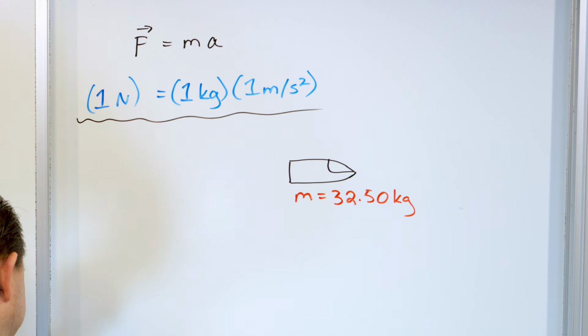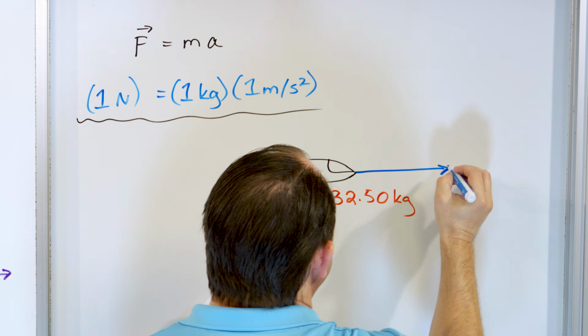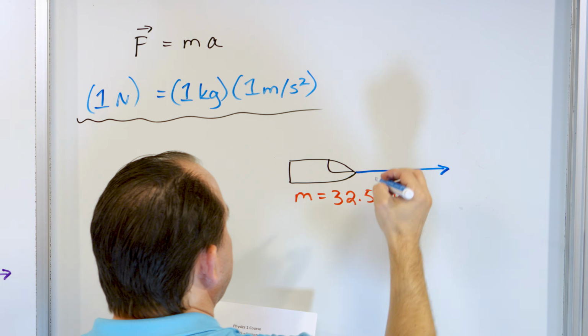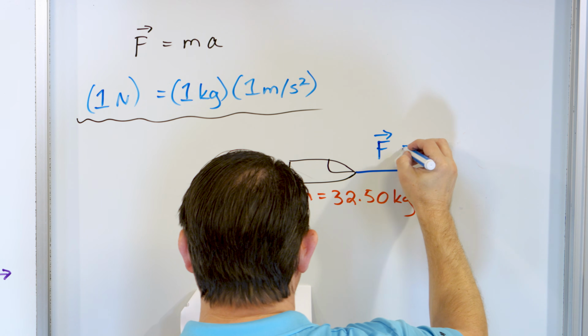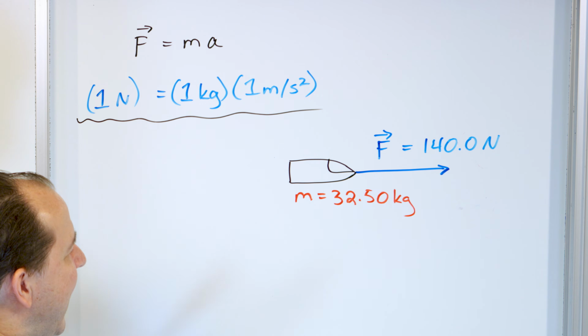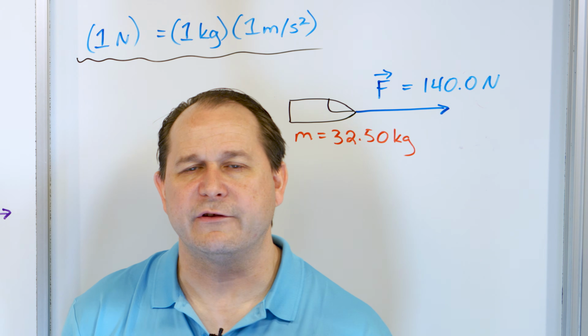And it says it's being subjected to a tractor beam, which means some kind of outside force pulling on it. We don't even have to draw what's pulling on it, but we have some force here pulling on it, and this force is equal to 140.0 newtons. And part A, we need to focus on first. What is the acceleration due to the tractor beam force?